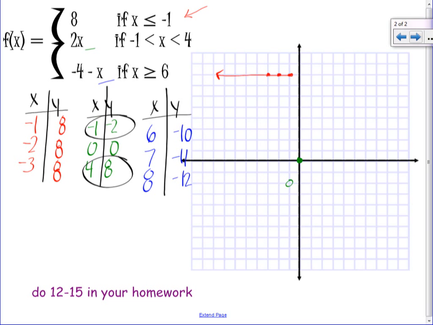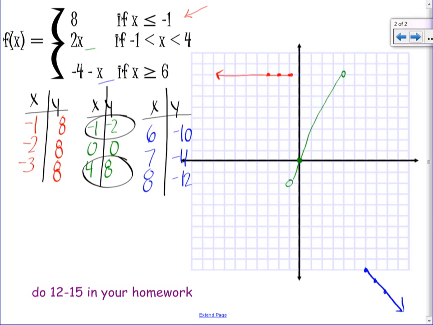We have 0, 0 filled in. And 4, 8 is open. So we have that part of the graph. And then the last one, 6, negative 10. We have that. And then 7, negative 11. And that goes forever that way.